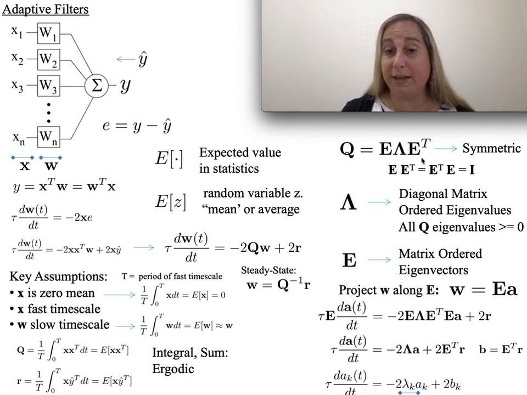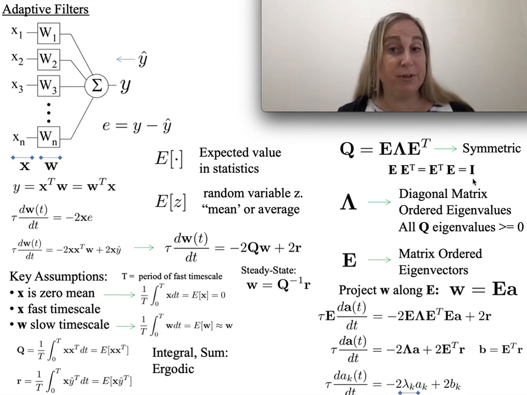What's wonderful about this is that E and E transpose are the eigenvector matrices that correspond to all of the particular eigenvalues that I would have in lambda. These are unitary matrices that I can then work with. And if I just take the product of the two of them, E transpose E, I get the identity matrix.